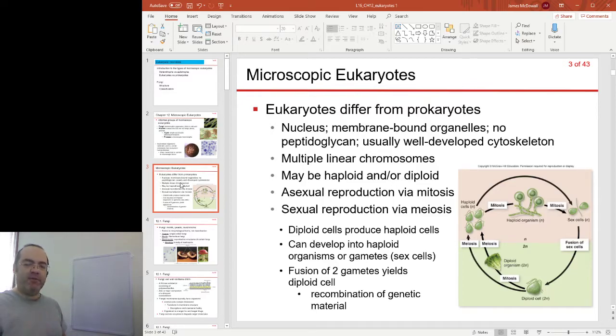Another term you've almost certainly heard before is diploid and haploid. So let's look at that human cell. Human cell is a eukaryote. It has a nucleus, and inside that nucleus there are all of the chromosomes. This would be a human body cell. I'll just represent a few chromosomes in here. Let me zoom in a little bit.